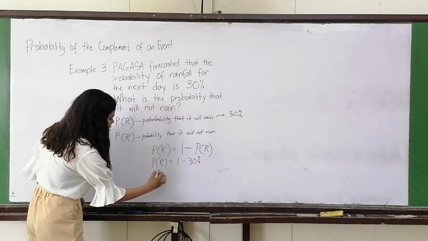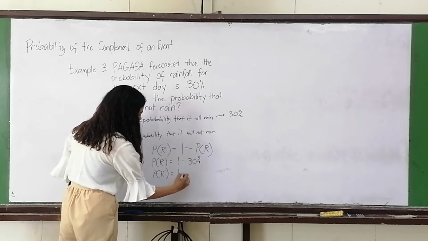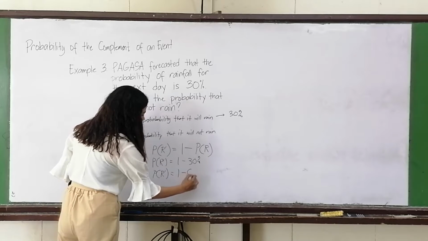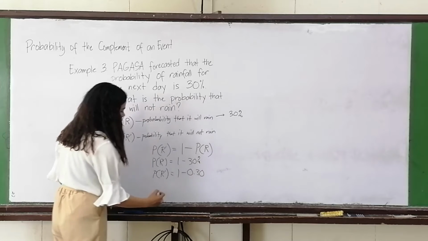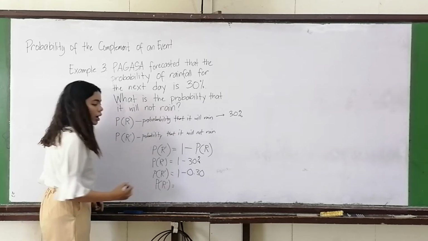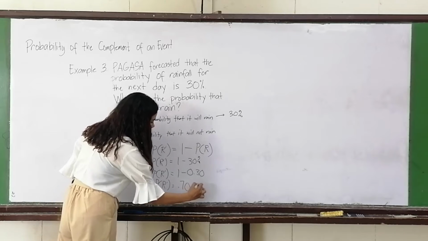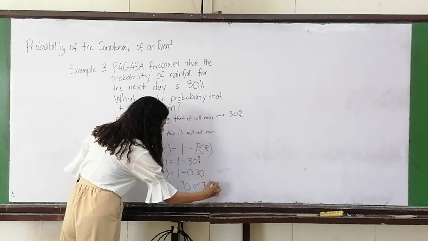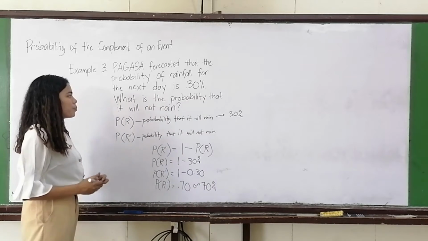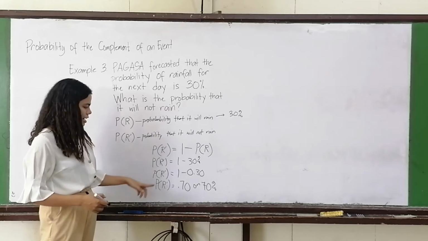So we have P of R prime, 30% is also equal to 0.30. So P of R prime is equal to 0.70 or 70%. So the probability that it will not rain on the next day is 70%.